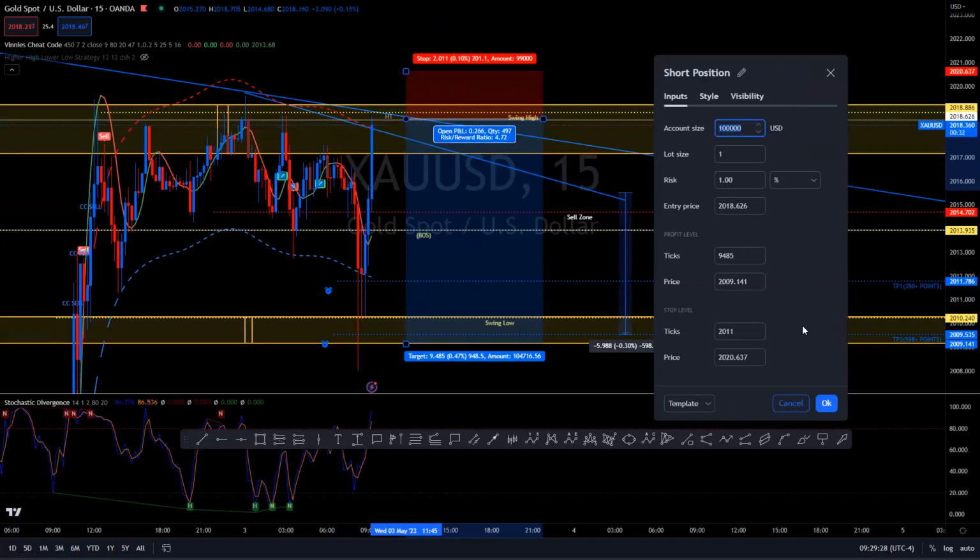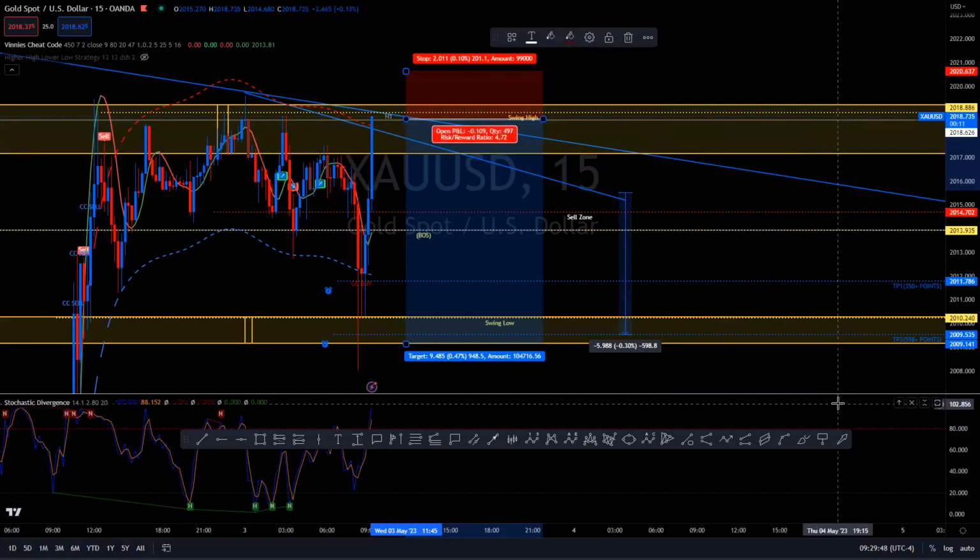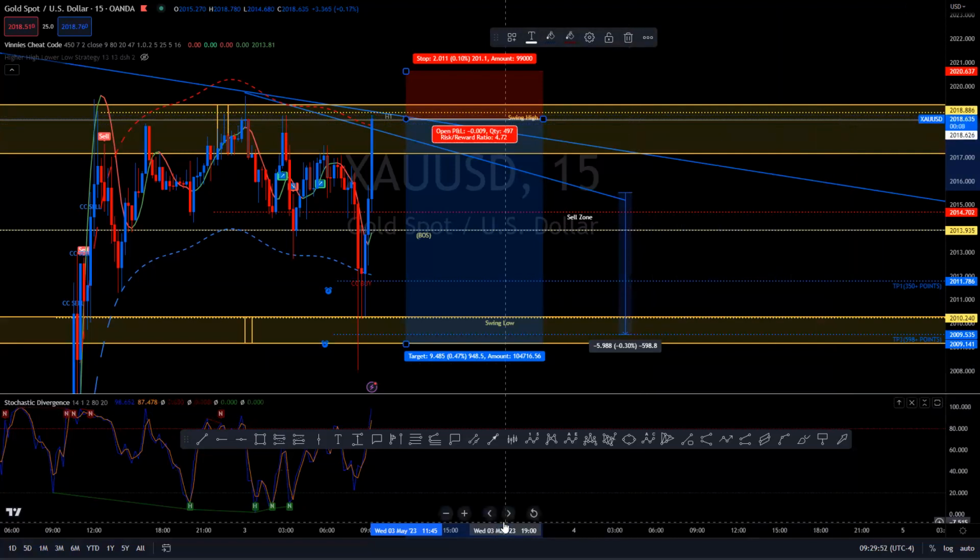And then we're going to watch price action and see where price is trying to go. All right, so we've got about 10 seconds until the 9:30 candle closes. So we'll see what price ends up doing.